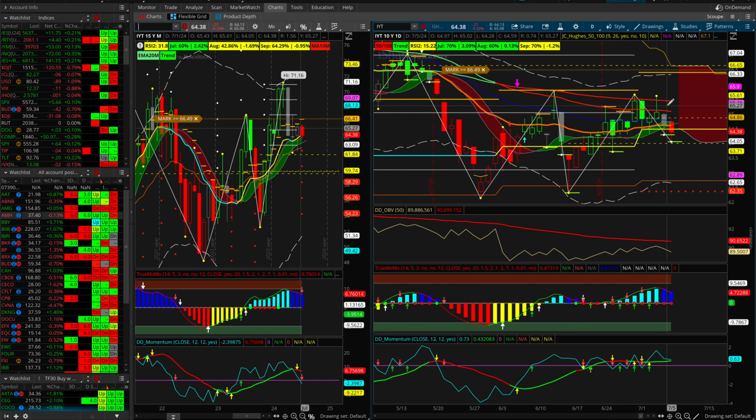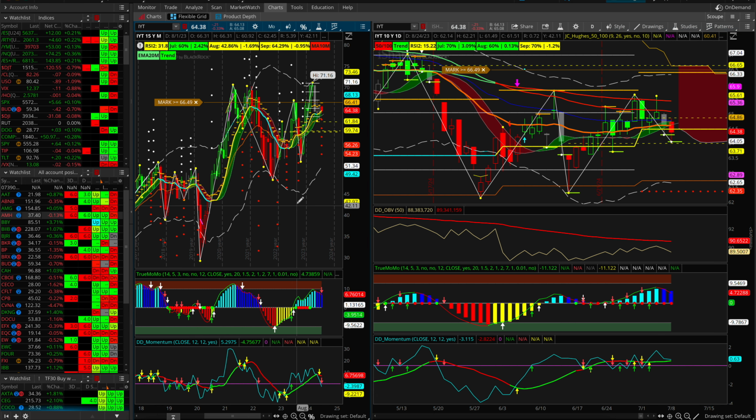So I was thinking IYT was going to pick up and possibly go bullish, but right now it's got a lot of headwind. The 21's under the 34, and we've turned red over here on the monthly chart. Now we're only a week into the monthly chart, so that's not really a thing yet. It's not a full candle is what I'm trying to say.